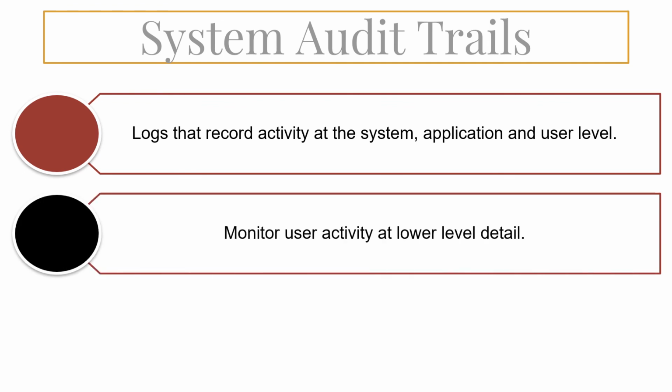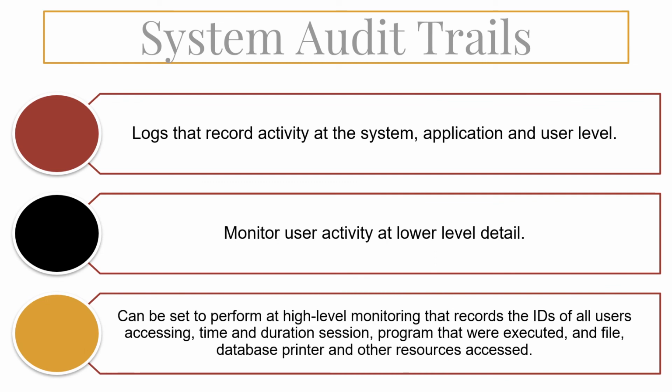It monitors users' activity at lower level details, but can also be set to perform at a higher level of monitoring that records the IDs of all users accessing, time and duration of sessions, programs that were executed, and the files, databases, printers and other resources accessed.